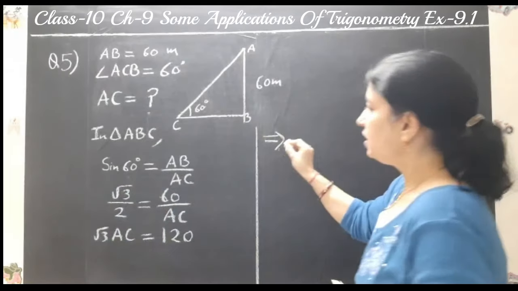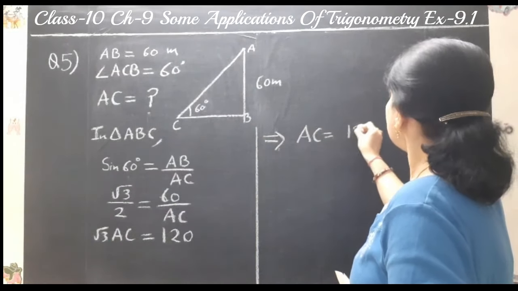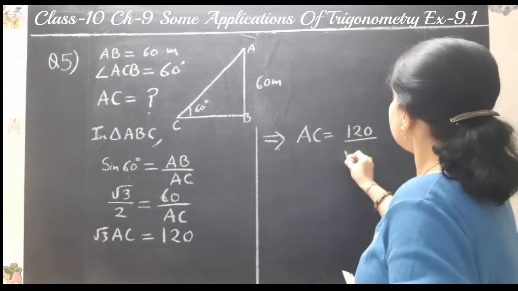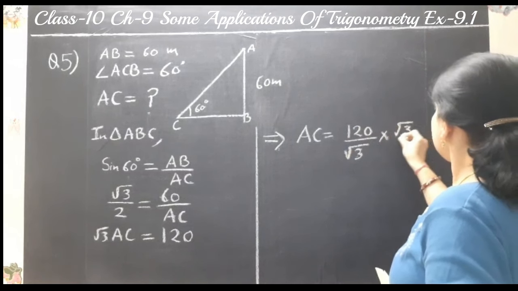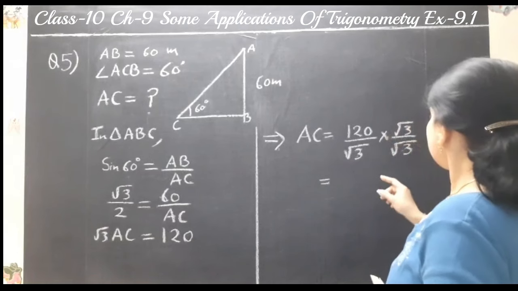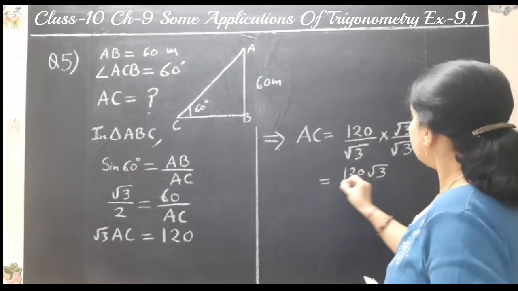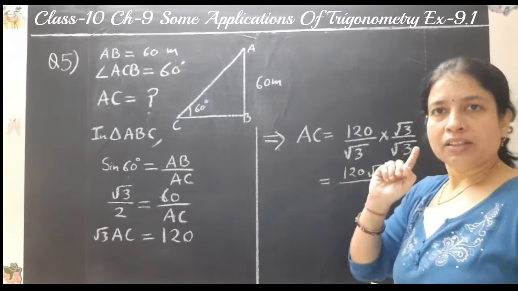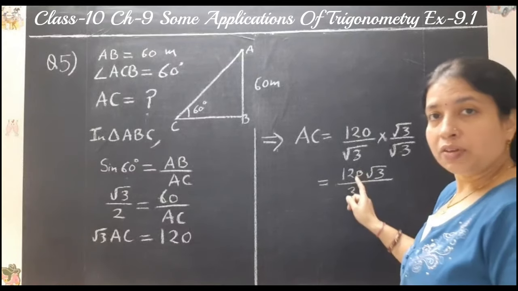Then write what will be AC? AC will be 120 divided by root 3. So multiply here by root 3 and divide also by root 3 to make it standard form. So it will be 120 root 3 over root 3 into root 3, which is 3. Then divide 120 by 3.